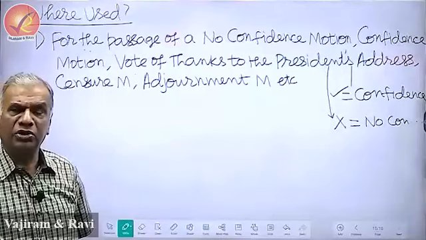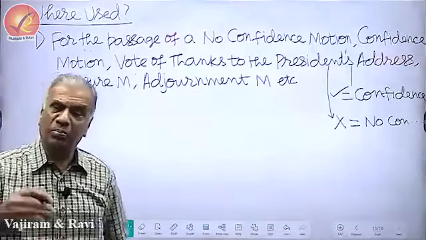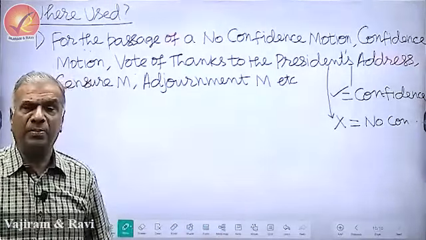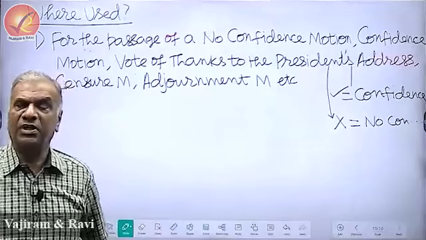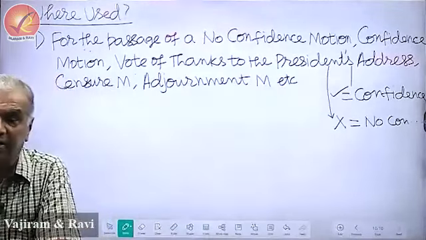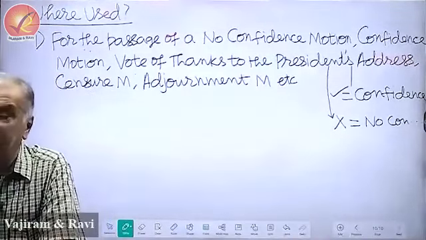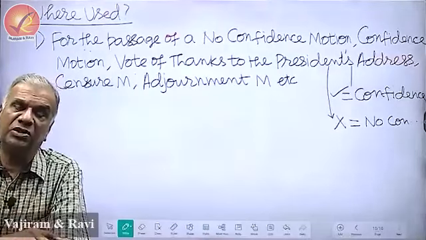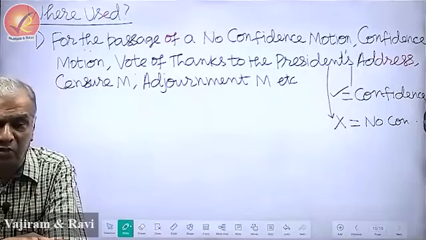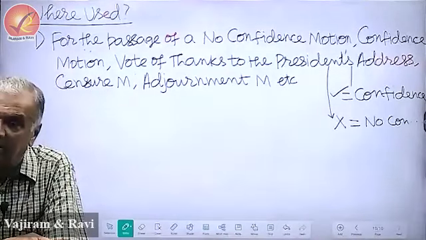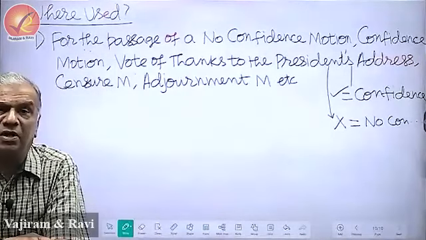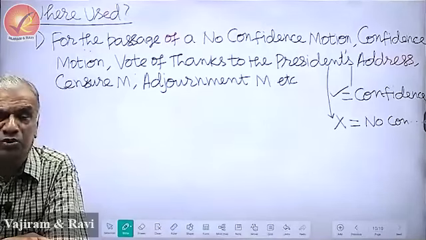And the adjournment motion again is introduced and passed in the Lok Sabha. The adjournment motion is intended to bring the attention of the House to an issue of public importance. For example, if something very important has taken place, a member of the parliament can bring that issue for the consideration of the parliament and the government and demand a statement from the government on what measures the government is going to take.